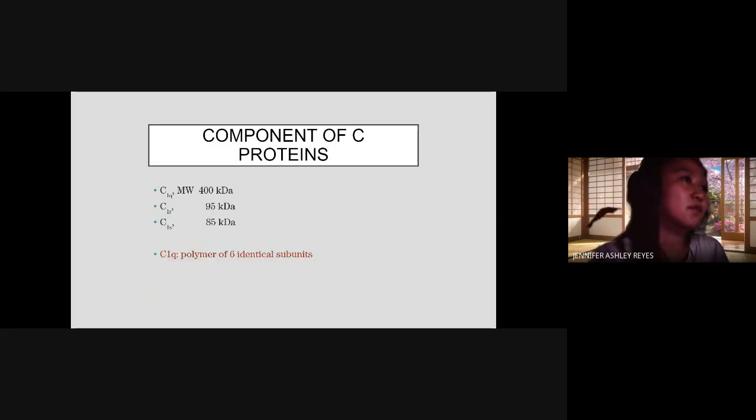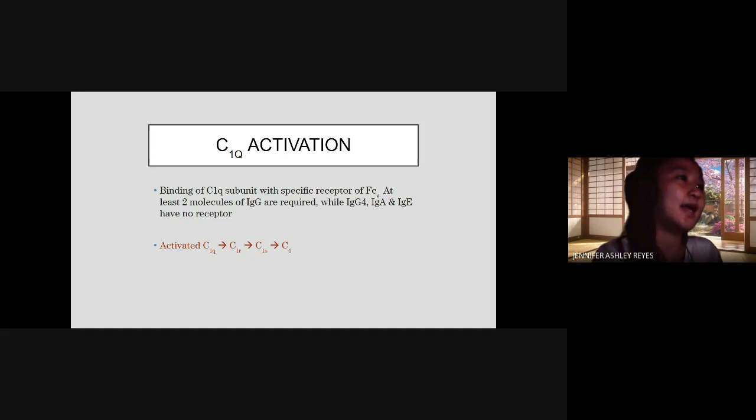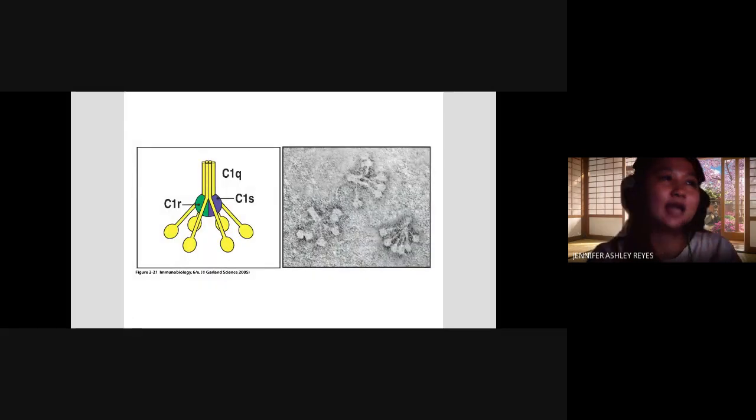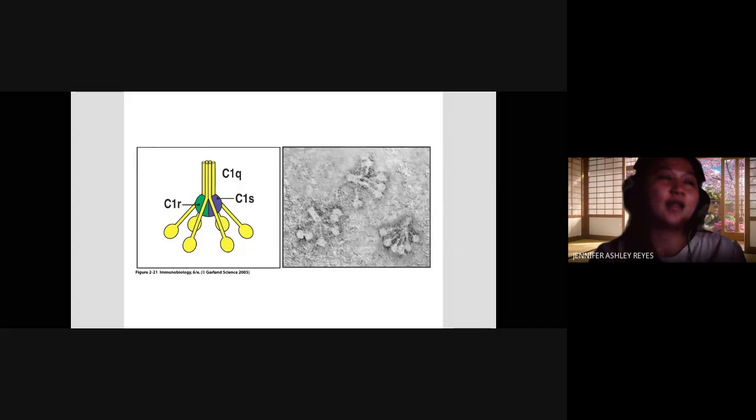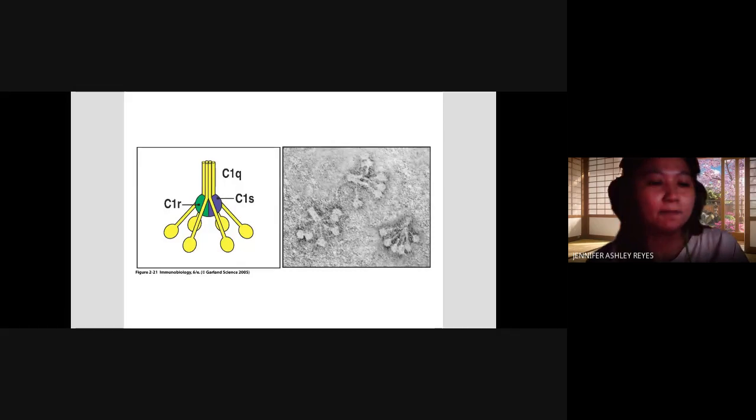So, ito yung general components of your complement proteins. Okay, C1qrs. So, your C1q, take note lang, is a polymer of 6 identical subunits. And C1q will create C1qrs complex to trigger C4. So, ulit lang yung antibody natin na pwede lang maging classical component activator, IgM, IgG1, 2, 3.